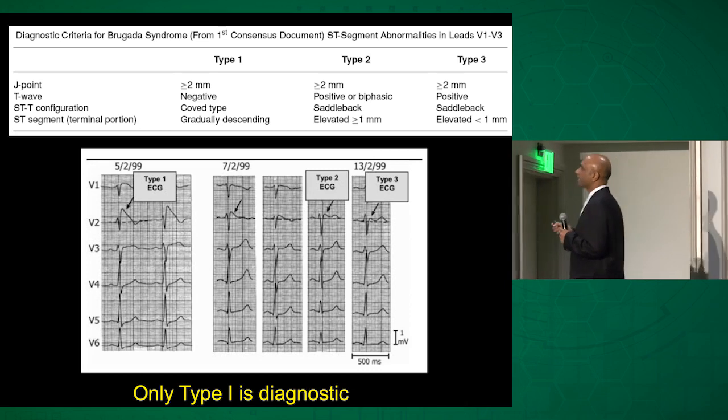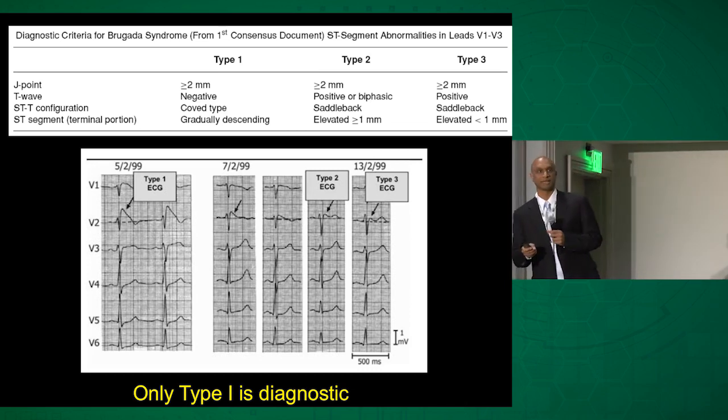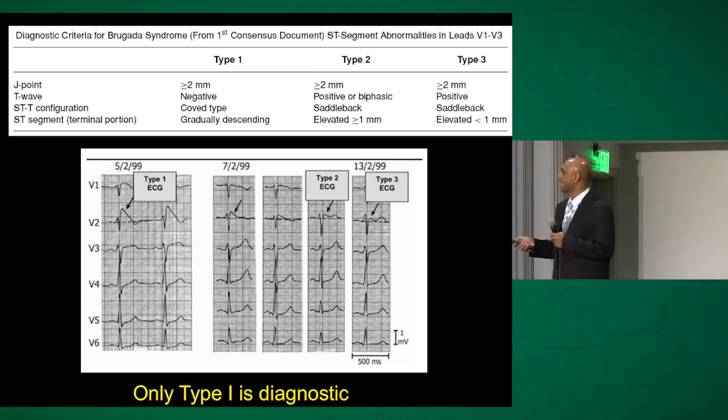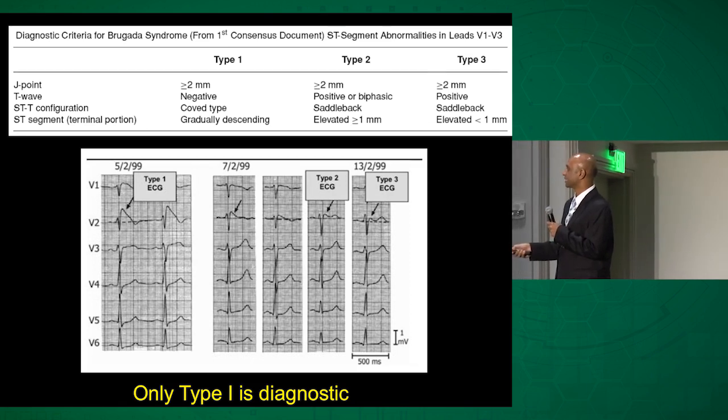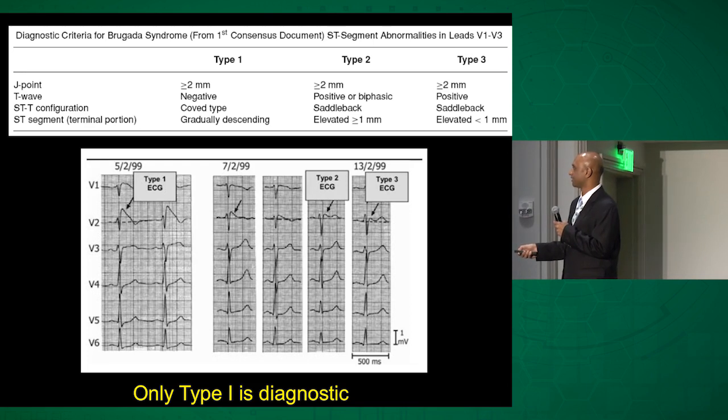And there are 3 Brugada patterns that are described with respect to this. Type 1 Brugada pattern is characterized by ST segment elevation of at least 2 millimeters in at least one of these 3 leads, associated with a curved pattern of ST segment elevation, which is characterized by negative T waves.